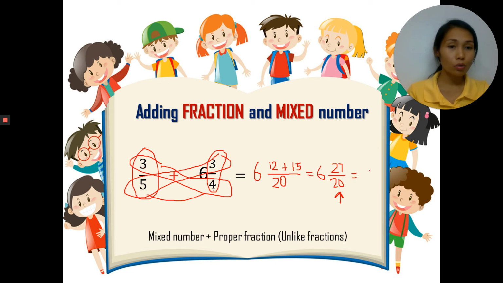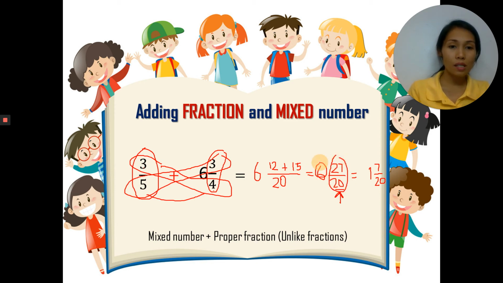Obviously, there is only one 20. 27 divided by 20, the answer is 1, remainder 7, right? So 7 is the numerator, and then you copy the 20 as the denominator. Now we got 1 and 7/20. That's for this fraction.